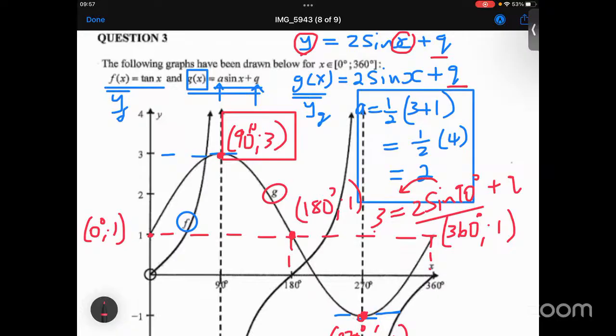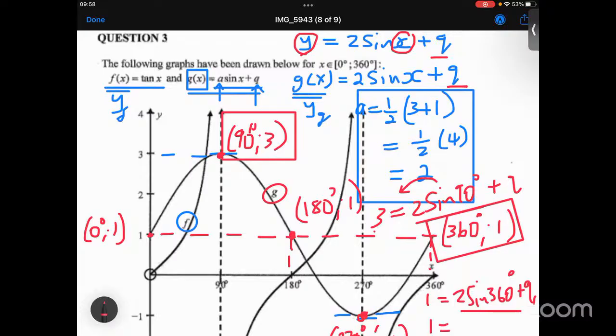Even if you decide to use another point as an example, for that one your y is 1 equals 2 sine of 360 degrees plus q. If you punch 2 sine of 360 degrees, it gives us 0. Can you see?